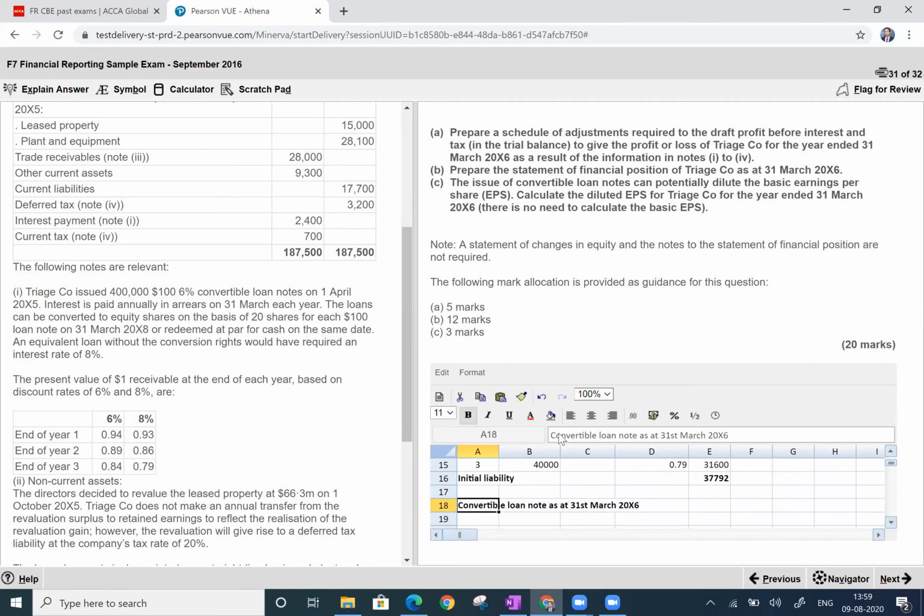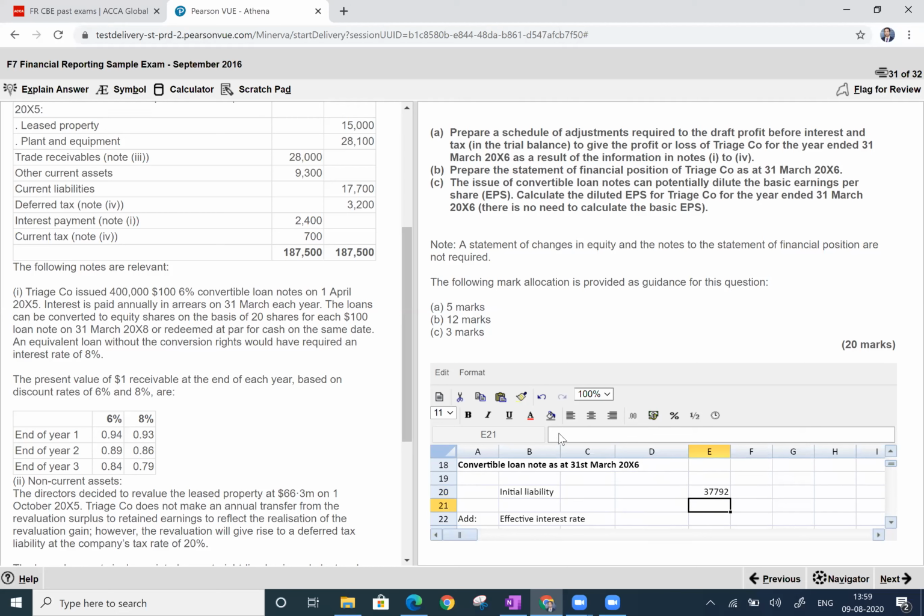So how do you calculate that? That is the initial liability, then add the effective interest, less the actual interest paid. So your initial liability equals E16.